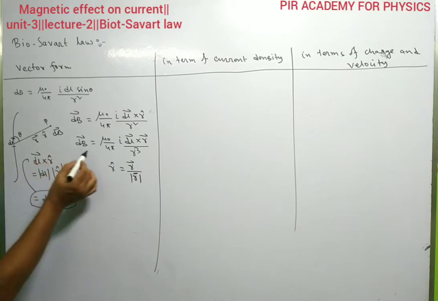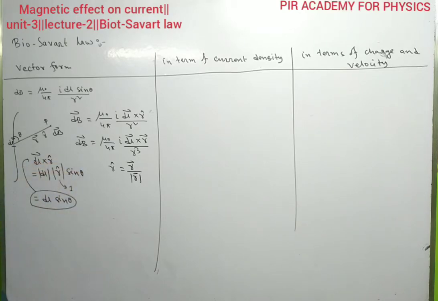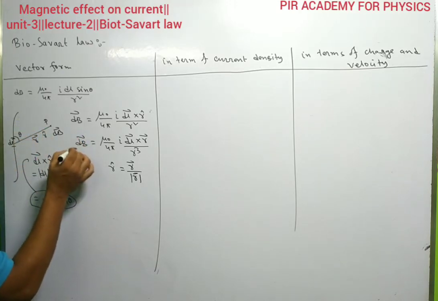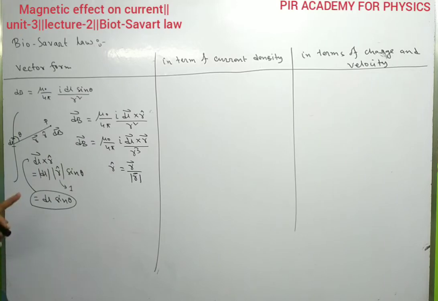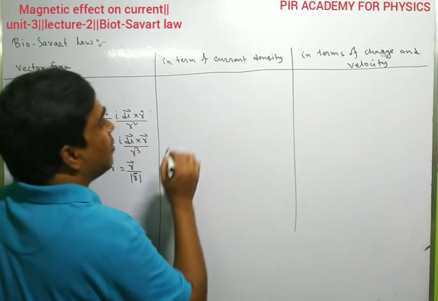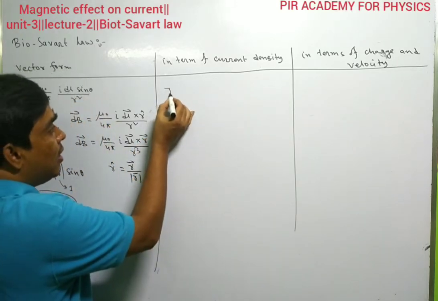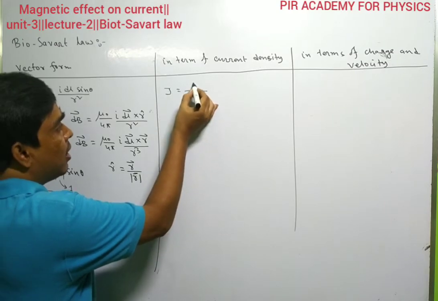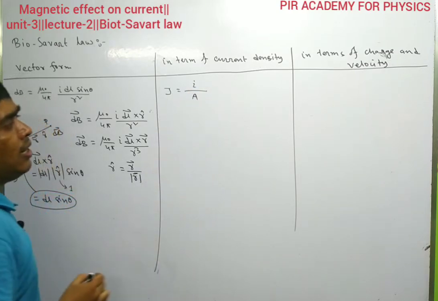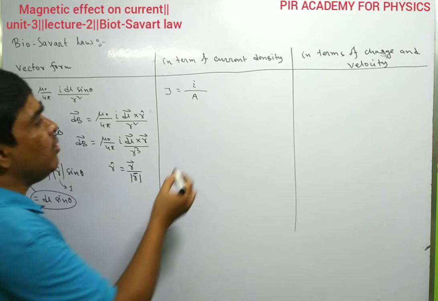So this is the vector form of Biot-Savart law. If I want to express this expression in terms of current density, what is the current density? Current density is defined as current per unit area.